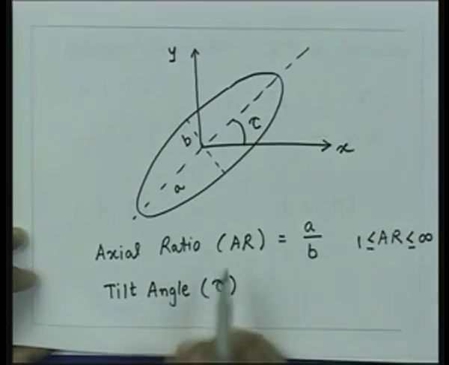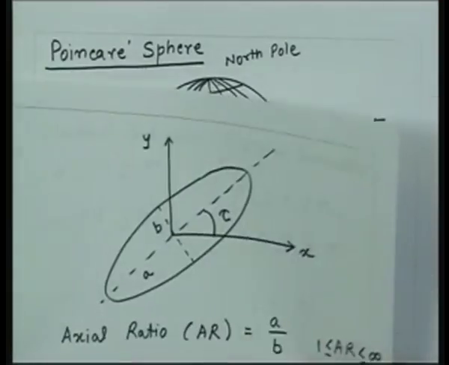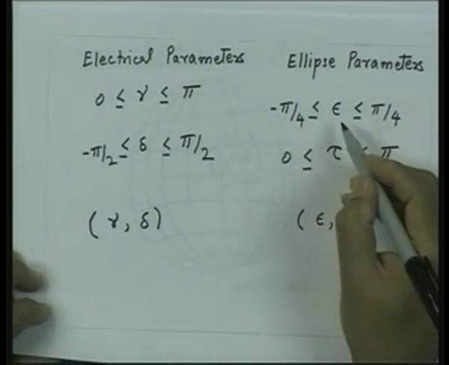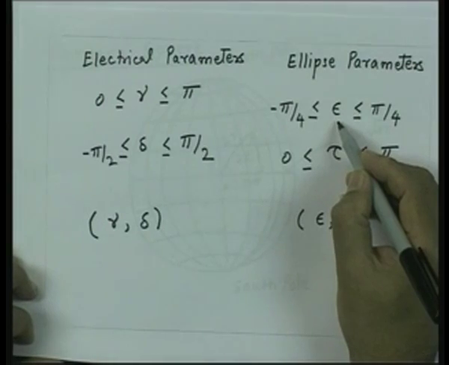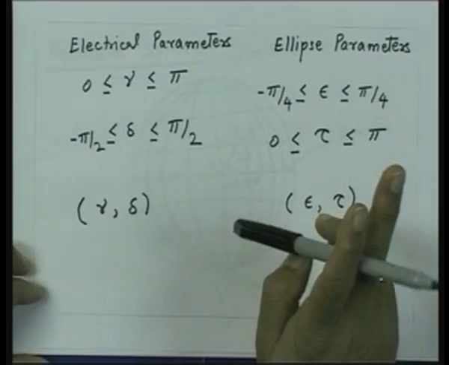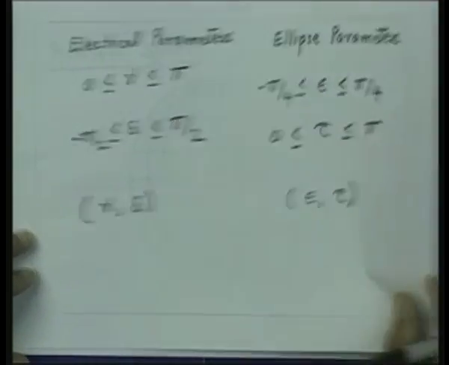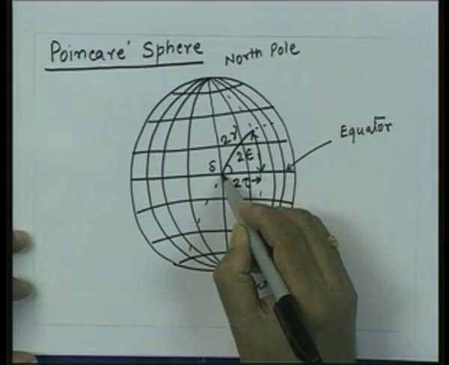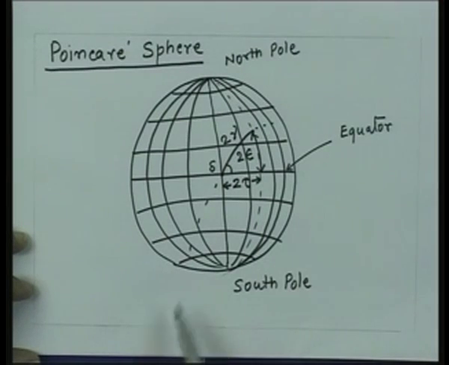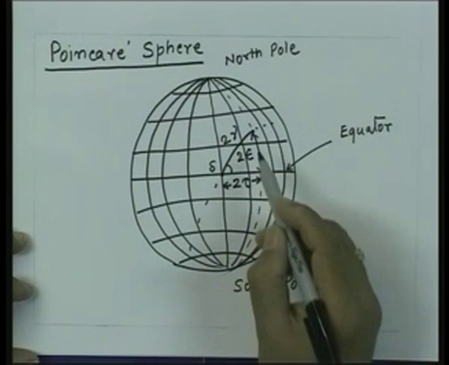I have a tilt angle, which is the inclination of the line, but the axial ratio is infinity. So for a linear polarization, since the axial ratio is infinity, the angle epsilon is equal to 0, and the tilt angle gives the inclination of the line, which can range from 0 to 180 degrees. If my reference point for measuring longitude is this point, then this point corresponds to tau equal to 0 and epsilon equal to 0.